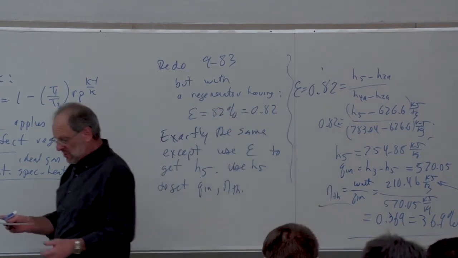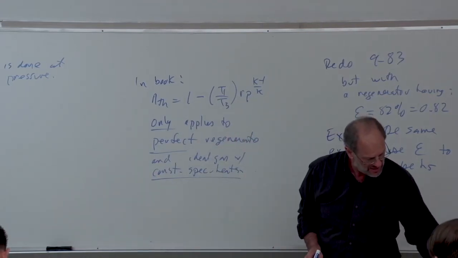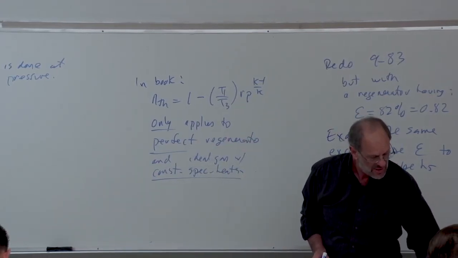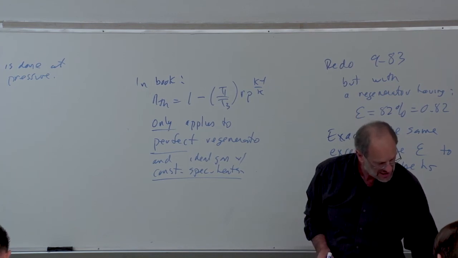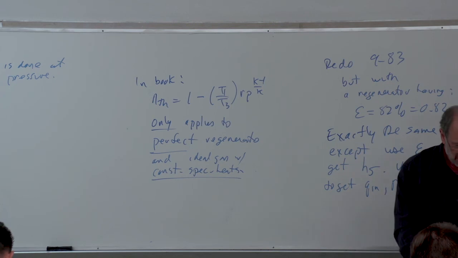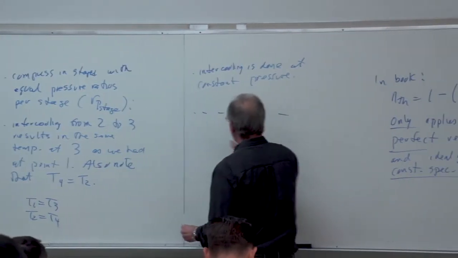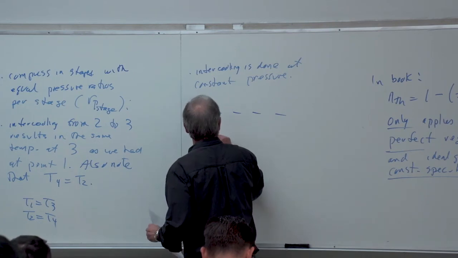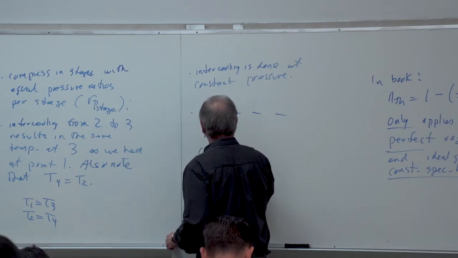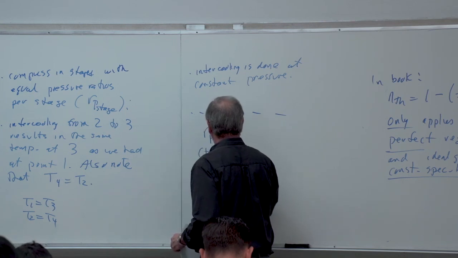Next, what I'd like to do is just try to find a relationship between the total pressure ratio and the pressure ratio across each individual stage. So what we can do is the following. RP is just the total pressure ratio, right?